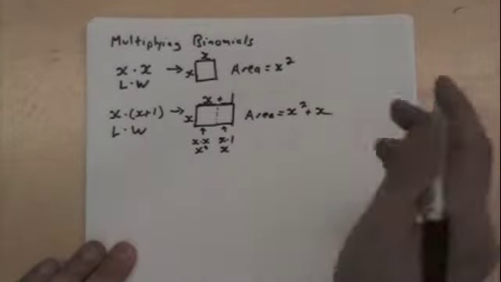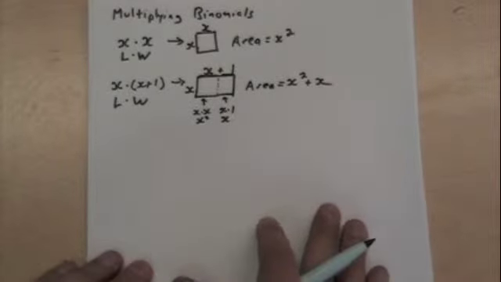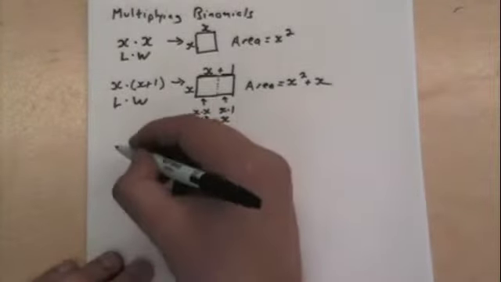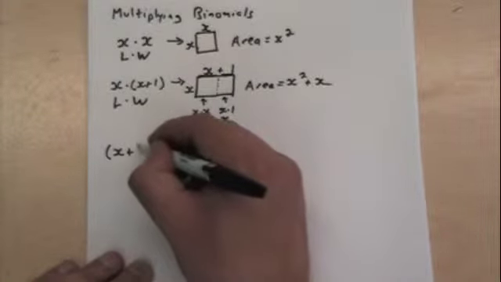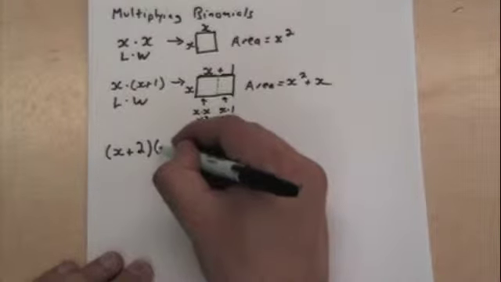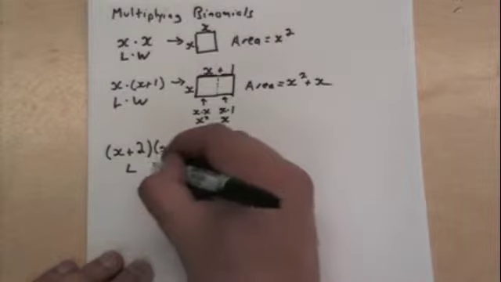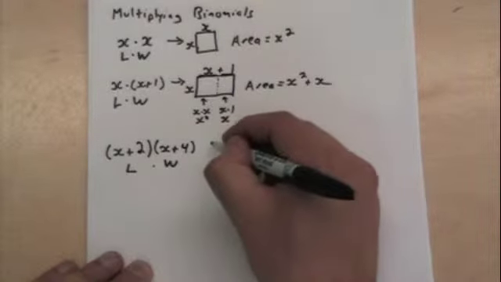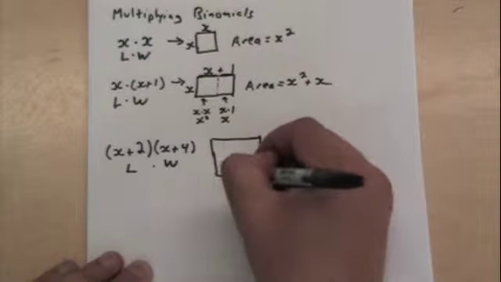Okay, so that's pretty easy, and we can keep going and make it a little bit harder, but not much harder. Let's say we have 2 actual binomials. Here's a binomial because it has 2 terms, x and 2. Here's another binomial because it has 2 terms, x and 4. Again, we can think of it as length times width and draw a rectangle.